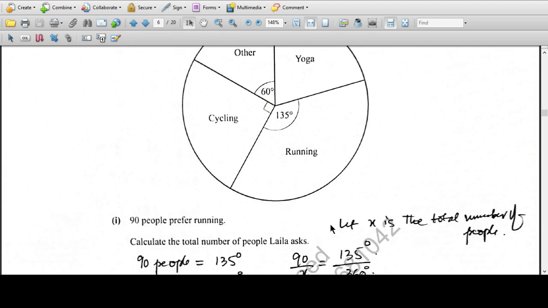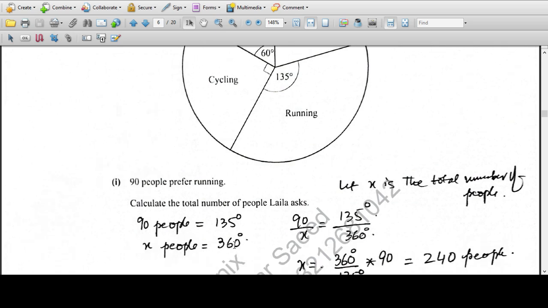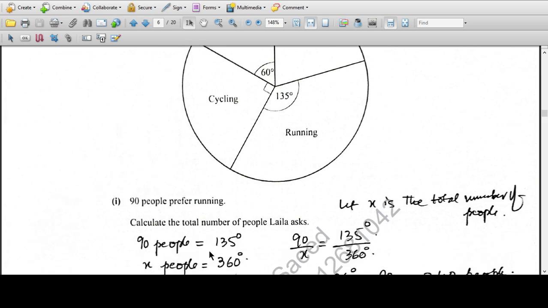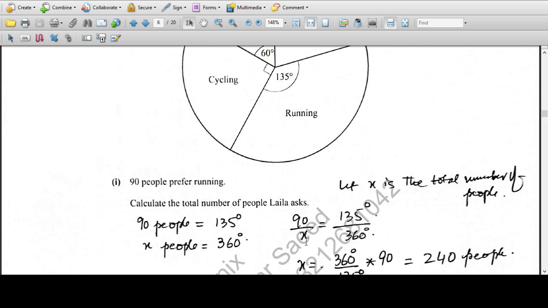So if this part, the 135 degree angle, corresponds to 90 people, and the total number of people is x, which corresponds to 360 degrees, then 90 upon x is equal to 135 upon 360.